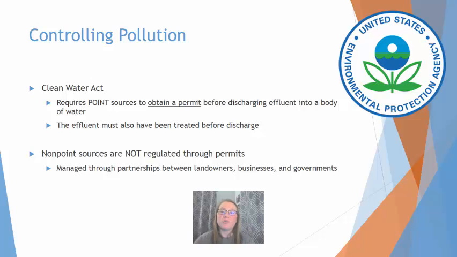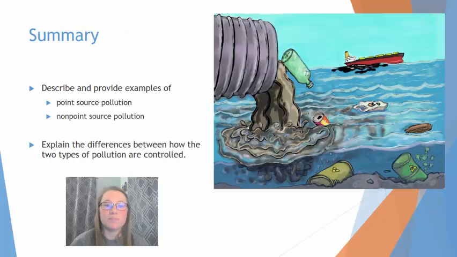Also, that effluent or the liquid that is leaving from that point has to go through some level of treatment before it is discharged. Non-point source pollution is much more difficult to regulate and control. It is not regulated through a permitting process. Instead, it is managed through partnerships between landowners, businesses, and governments.